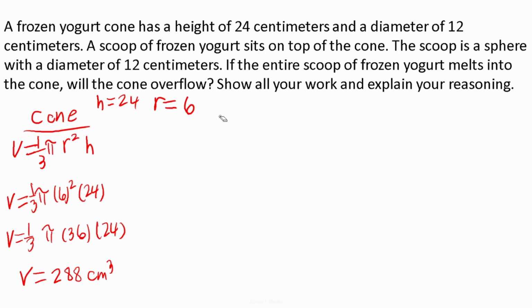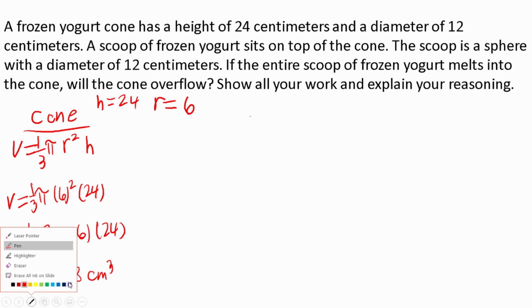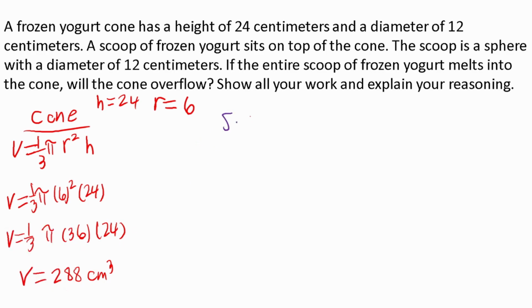So let's see. Scoop, we'll call it. Let's change colors here, though, so we know what we're doing. Purple. Scoop. So the volume of the scoop equals 4/3 pi r cubed. So what's the radius of my scoop? It's also 6. So let's plug this in. And once again, we're going to keep it in terms of pi. Oh, I forgot my pi symbol down here, guys.